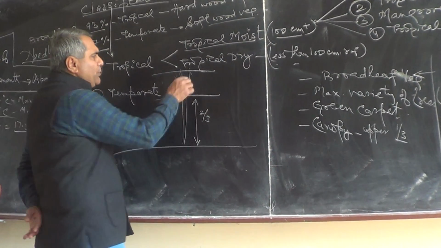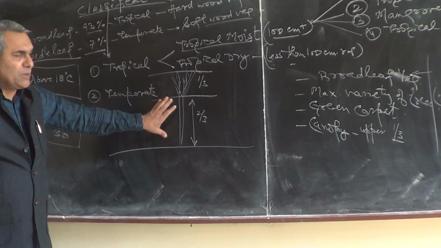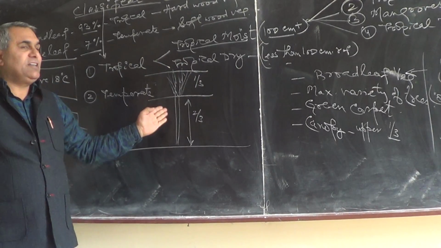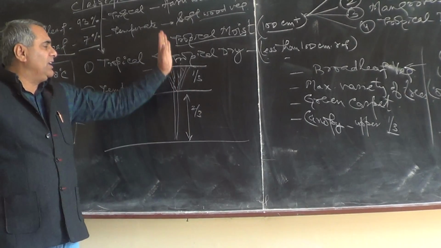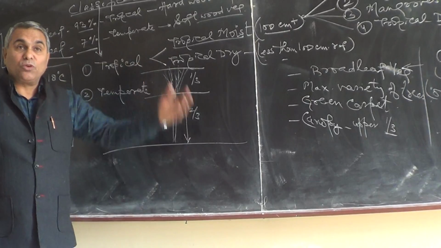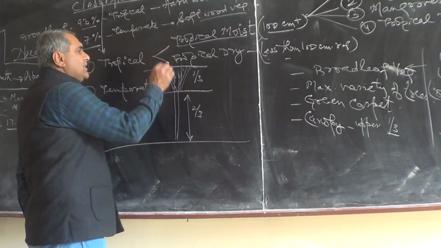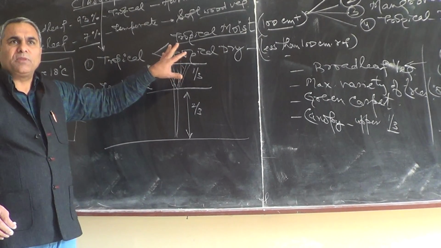So this is the canopy, only 1/3. The main lower portion is free from branches because sunlight is not penetrating. So branches could not survive. So every branch goes towards the sun to acquire more and more food because leaves are the food factory, as I said earlier. So they are the kitchen to make more and more food.